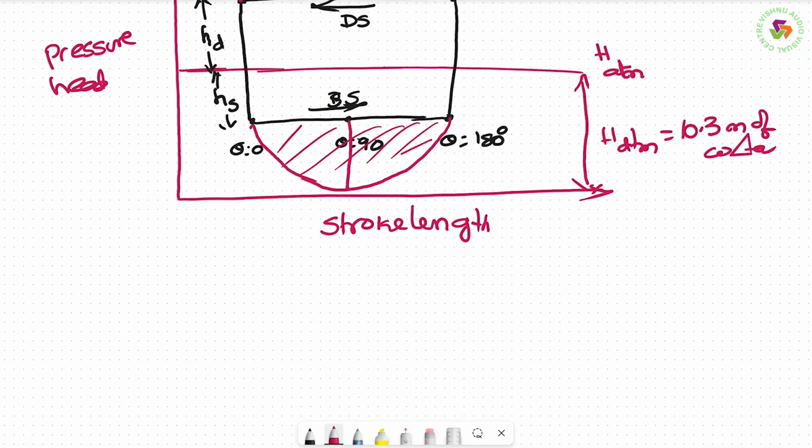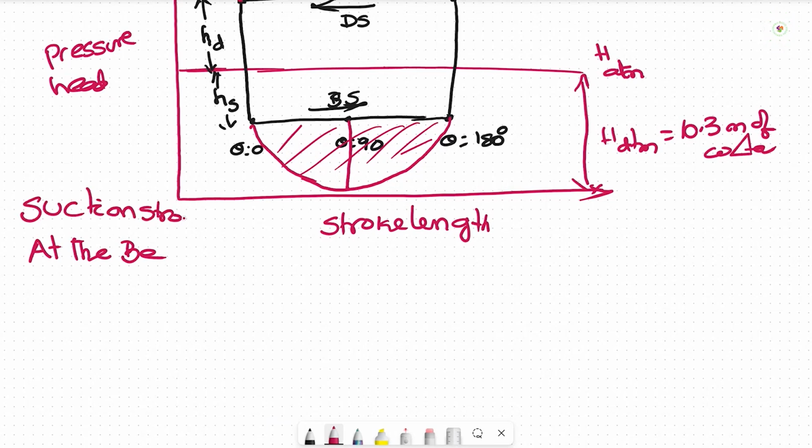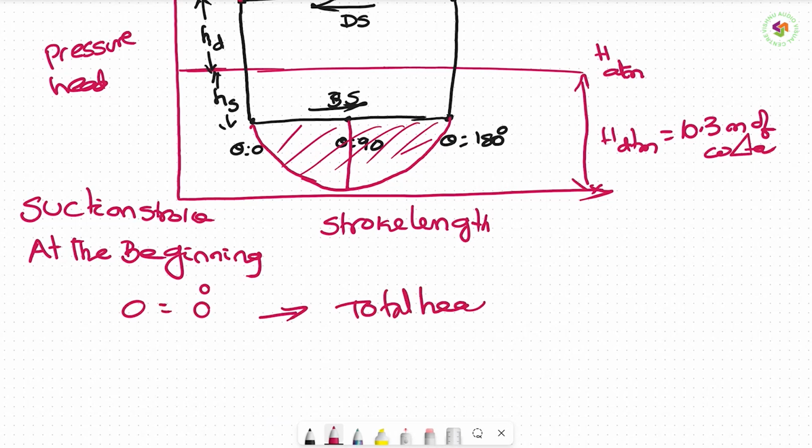Now if I take it at the beginning of suction stroke, theta is equal to 0 degrees. So total suction head is equal to HS, because HFS is 0.